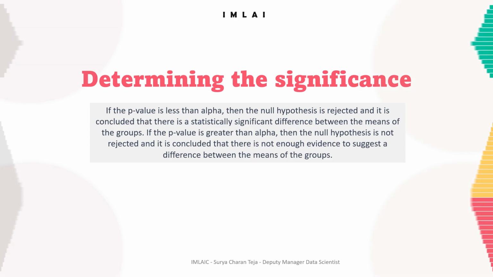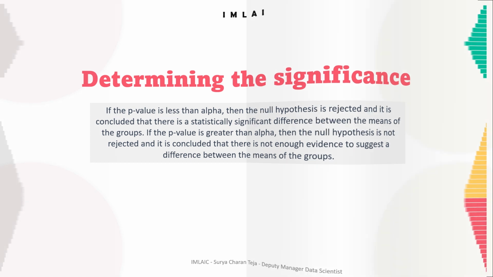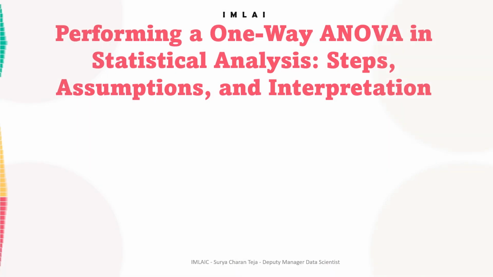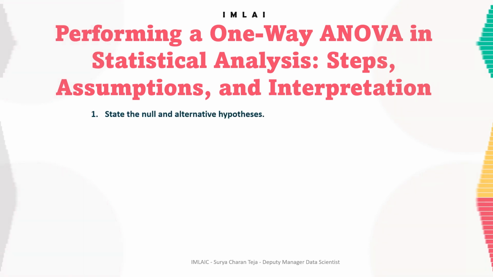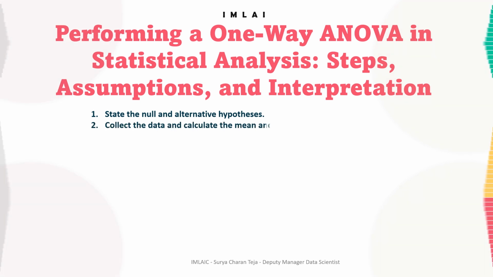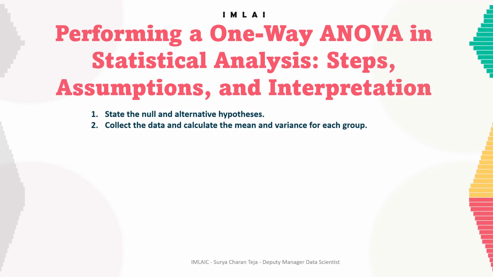Now the step-by-step procedure to perform a one-way ANOVA, analysis of variance. The first step is to state the null and alternate hypotheses, then collect the data and calculate the mean and variance of each group.